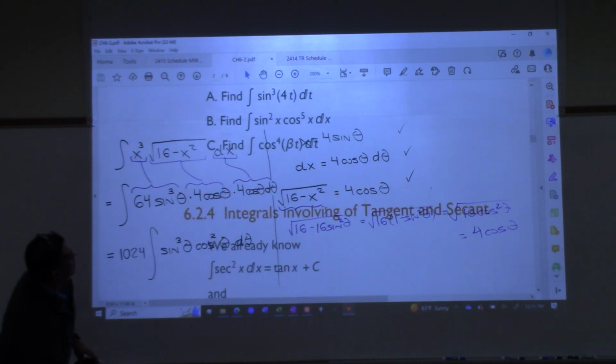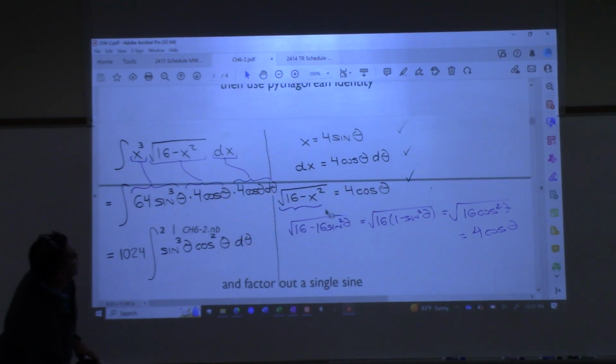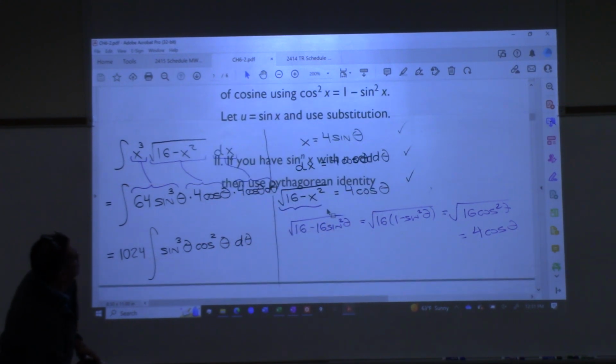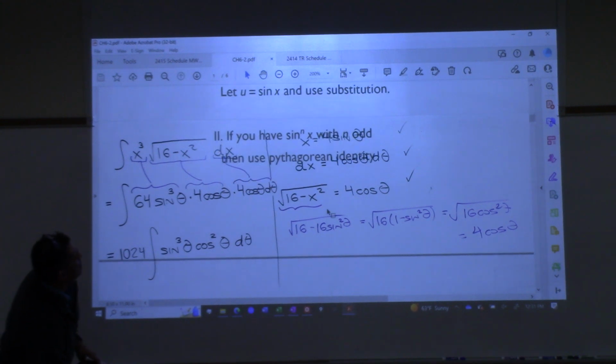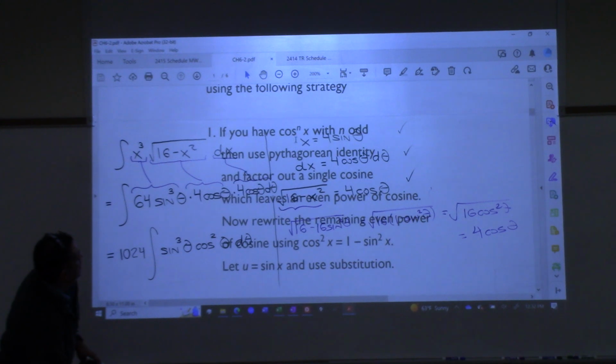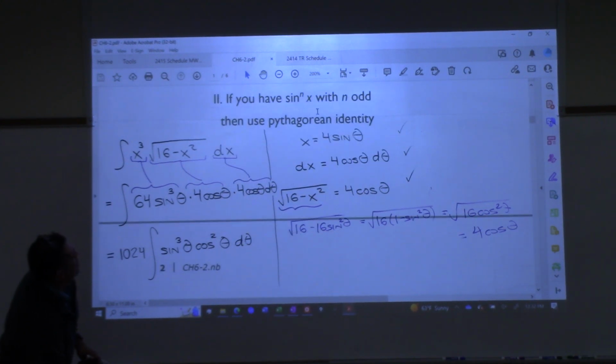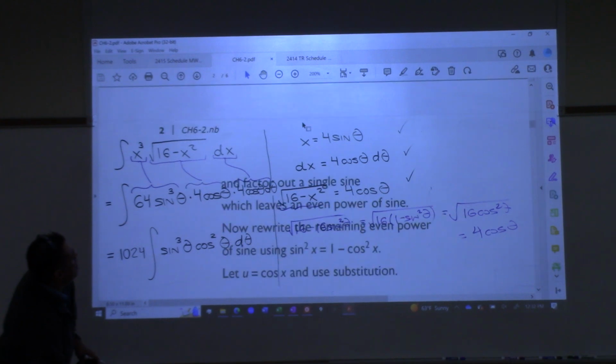Where is it? Okay. We had sine odd. We have sine odd. So with sine odd, I'm going to use a Pythagorean identity. I'm going to pull out one factor of sine.